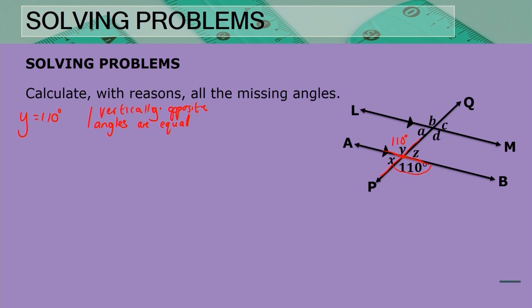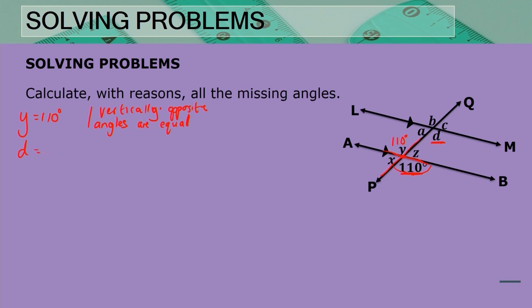angle D. So when we are looking at angle D, we can see that it occupies the same relative space as the 110. And because there are parallel lines, we know that those two angles, not only are they corresponding, but they're also equal because of the two parallel lines.